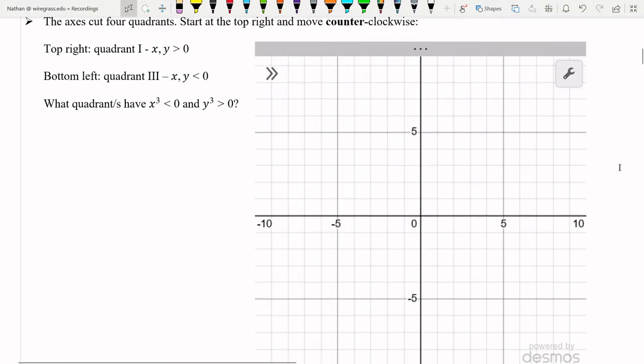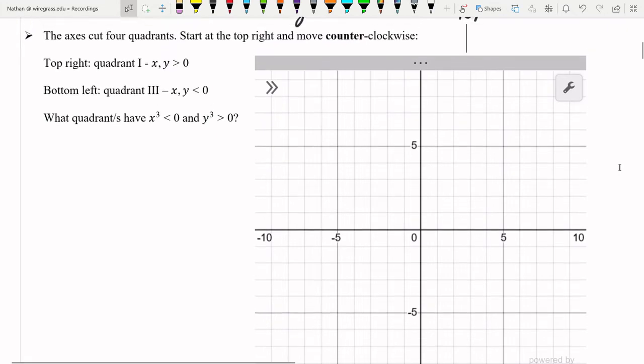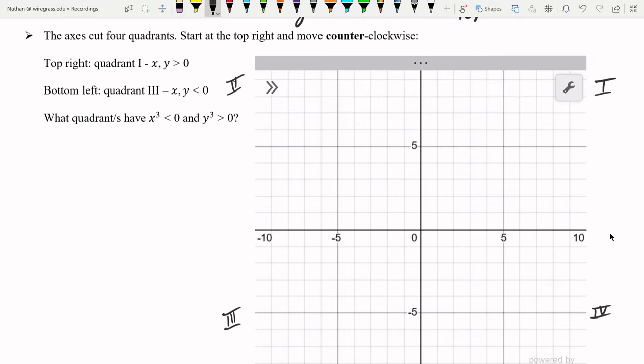You can see that these two axes cut the plane up into 4 quadrants. We always start with the top right. This is quadrant 1. Going counterclockwise, you get quadrant 2. We always describe them using Roman numerals. Then we have quadrant 3 down here, and finally quadrant 4 right there, always in this counterclockwise motion.